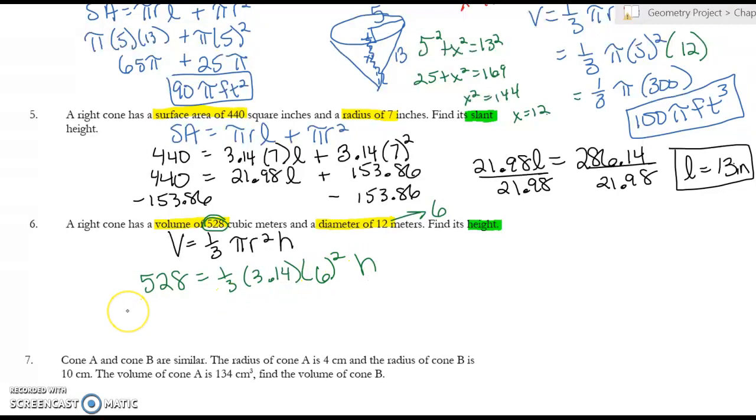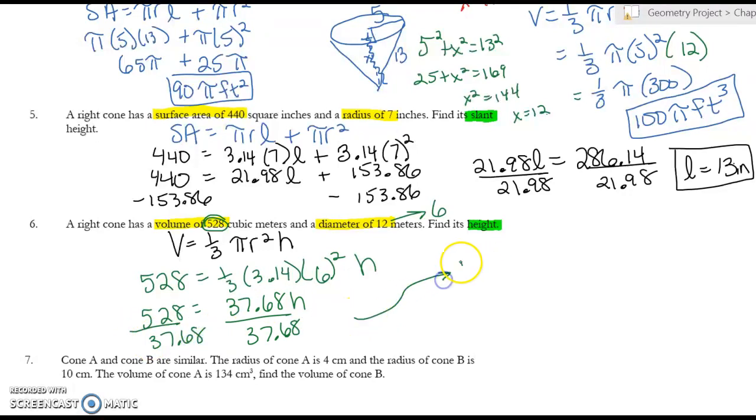Okay? And so now we're going to do all that math, multiply all those things out, and I get 528 is equal to 37.68 times h. And now we just divide. So while these problems look overwhelming, if you start with your original formula and plug things in, they're not that bad.